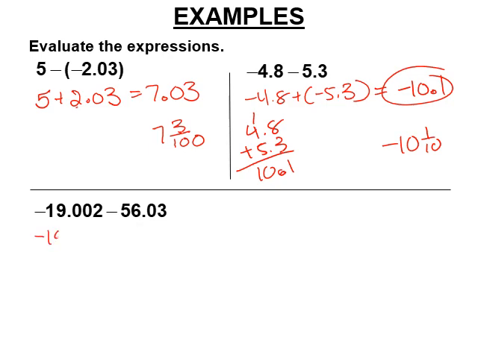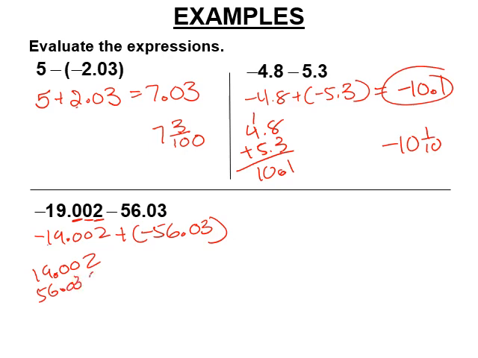We're adding the opposite. So that's negative 19 2 thousandths, right? Tenths, hundredths, thousandths. And we're adding the opposite, negative 56 3/100ths. So they're both negative, so we're adding them up. We're lining up those decimal points, not the end of the number, so I'm putting that extra 0 there.